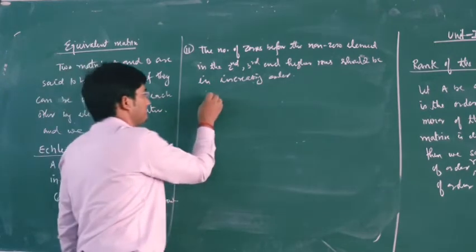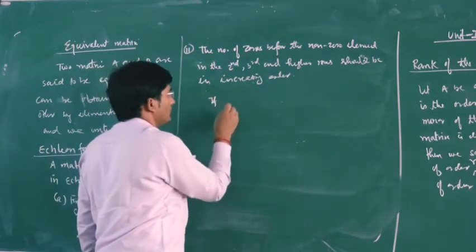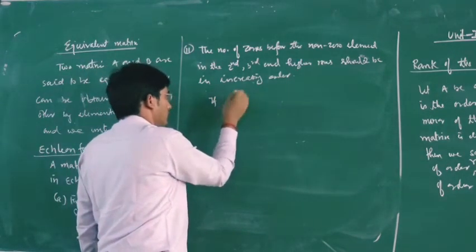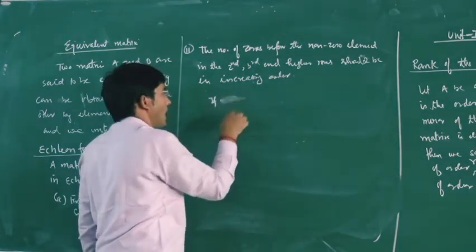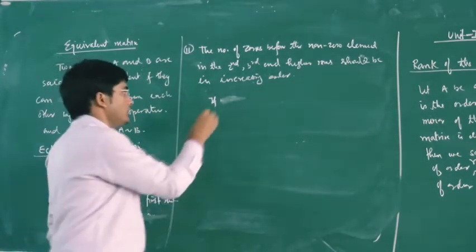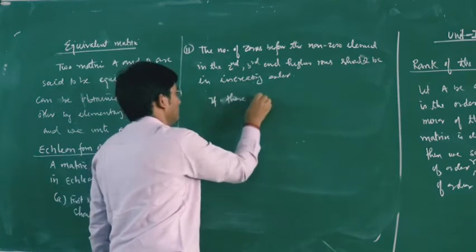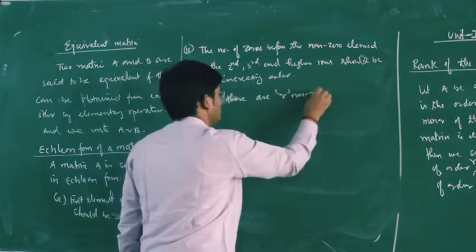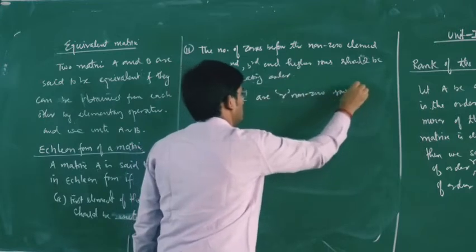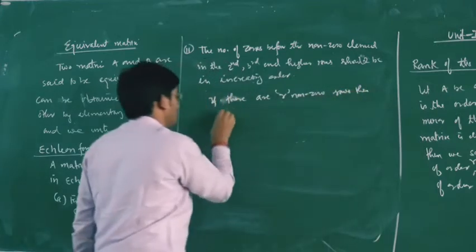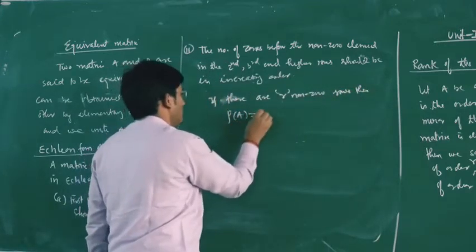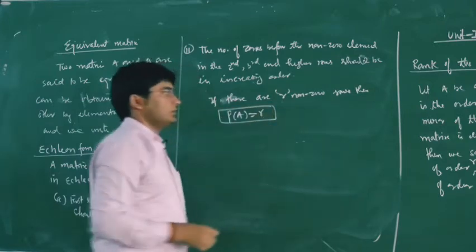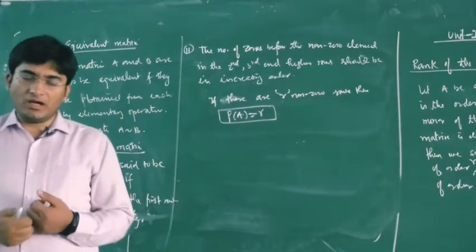And if there are r non-zero rows, then the rank of the matrix will be r.